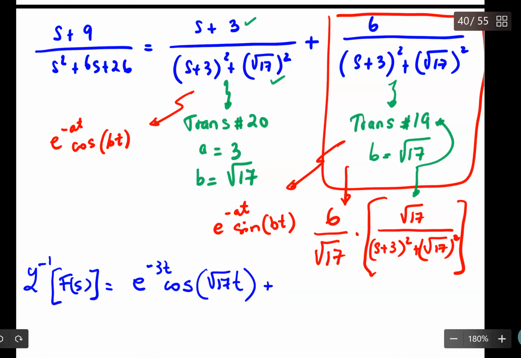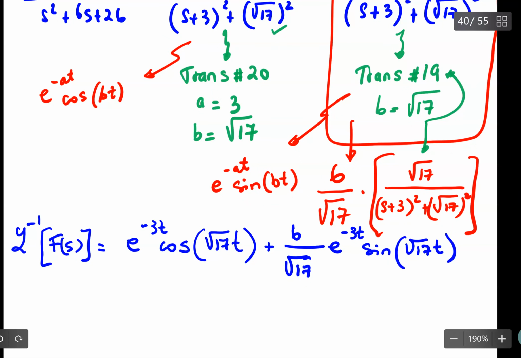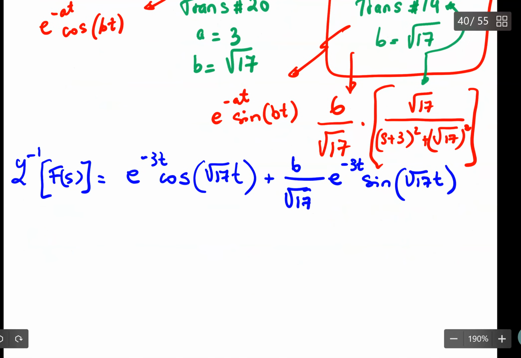And this one I should have 6 over square root of 17 multiplied by e to the exponent negative 3t multiplied by sine of square root of 17 t as the argument. At this point, we should simplify our answer. Okay, so this one is ft.